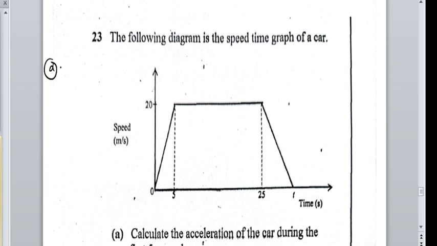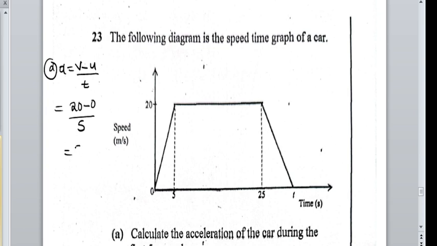The acceleration is given by the final velocity, we can say speed, minus the initial, over time. So it reached a final of 20 when it started from 0. Then the time it took from 0 to 20 was 5 seconds.